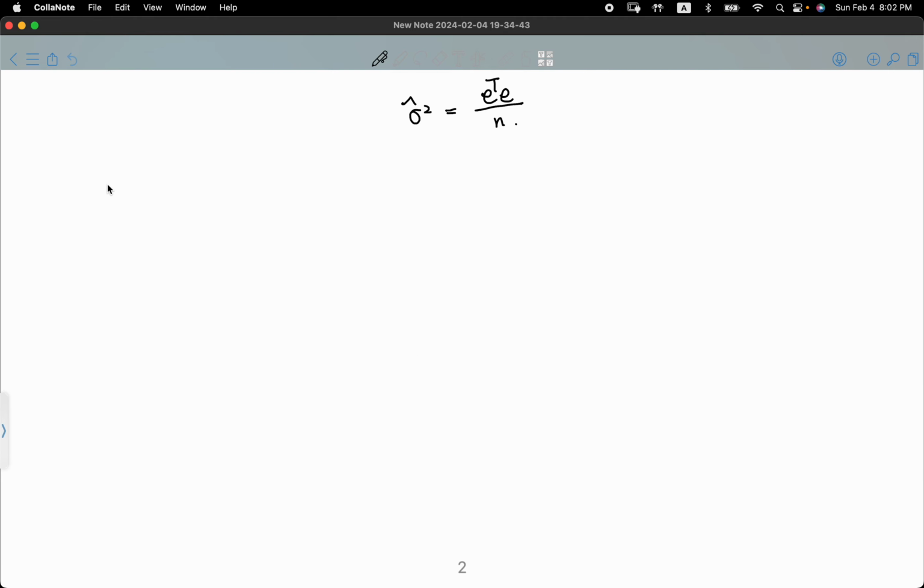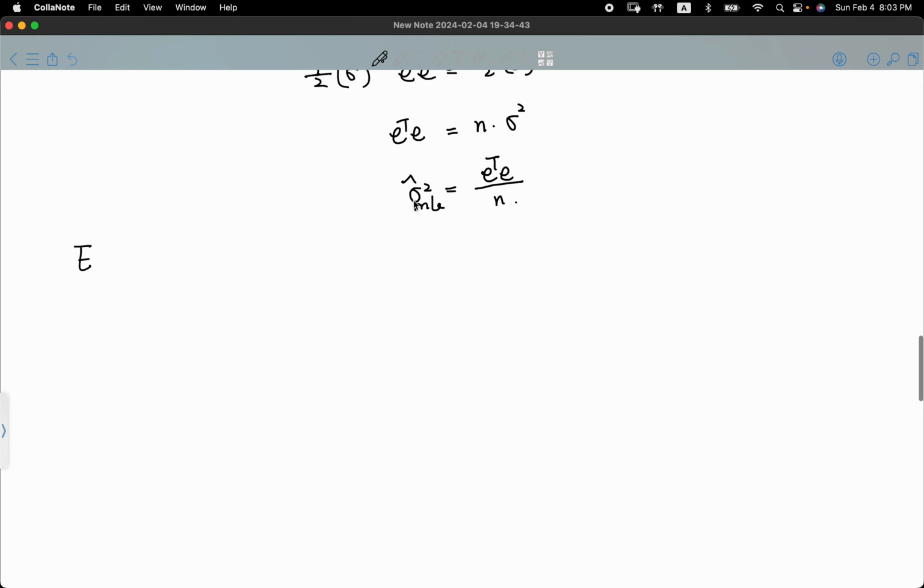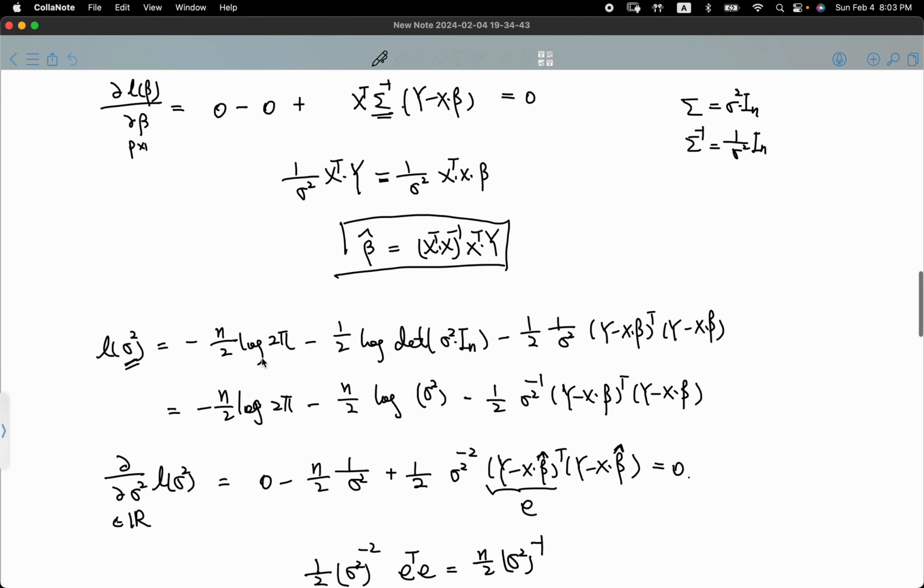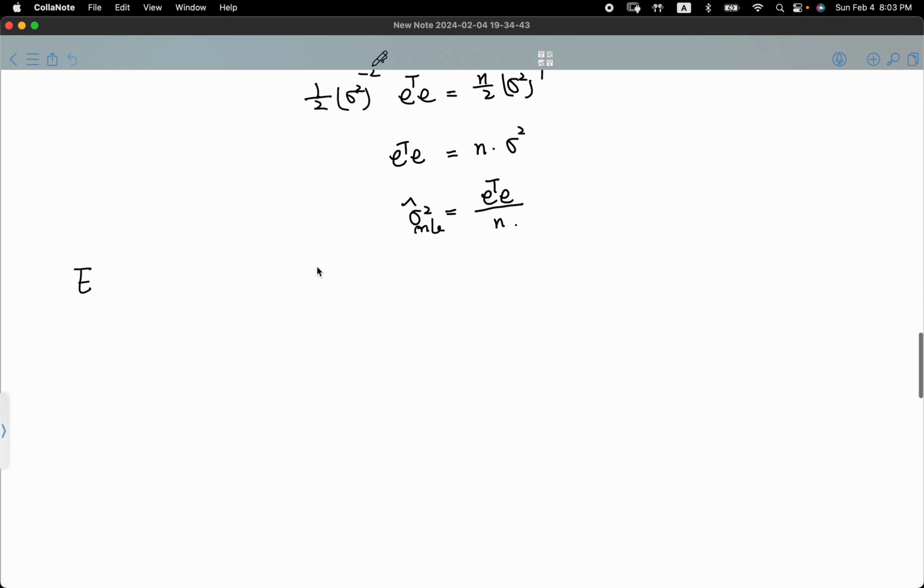Okay, so maybe for the last part of this video, I want to talk about the expectation. Just to mention one more thing, this is also under the MLE framework because we are maximizing the log likelihood. But just to comment on that, yeah.